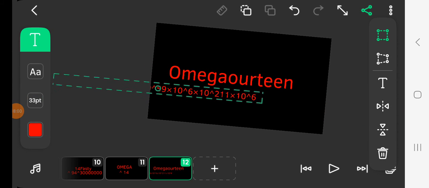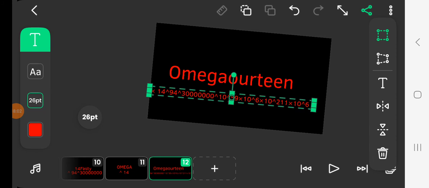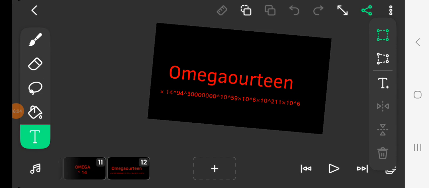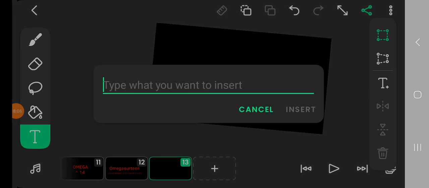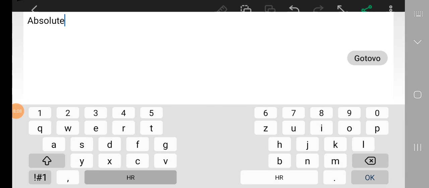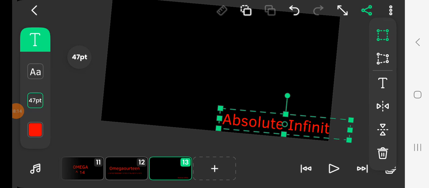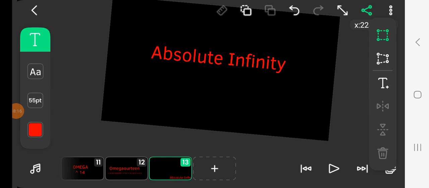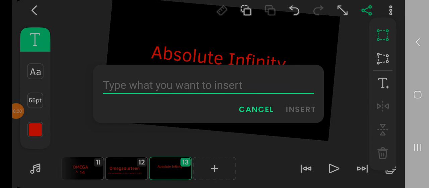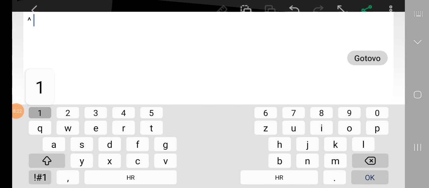This thingy shall give us a total of absolute infinity. Yep, that's what I thought. Absolute infinity. And that's how big this number is. But it's absolute infinity to the power of 14.